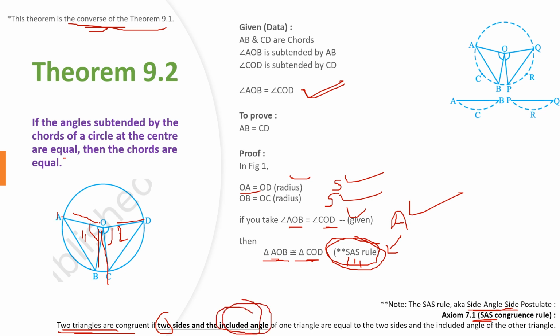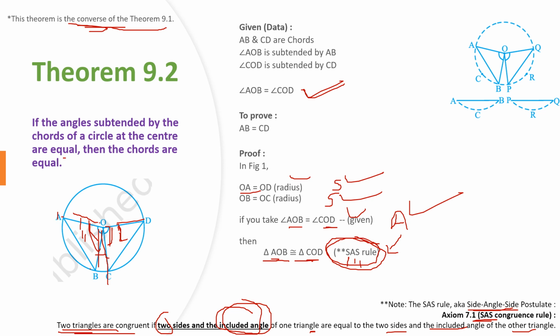In my case, this is a side, this is a side, two sides, and this is the included angle. Two sides and one angle, SAS, side, angle, side. Then we prove that both the triangles are congruent.